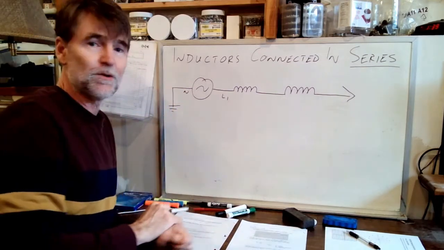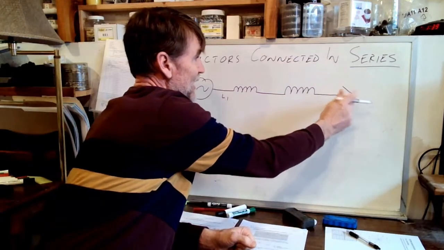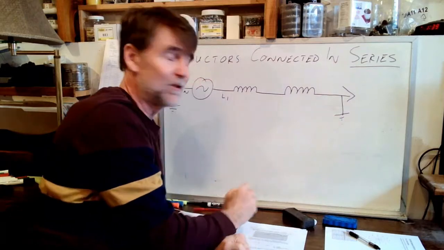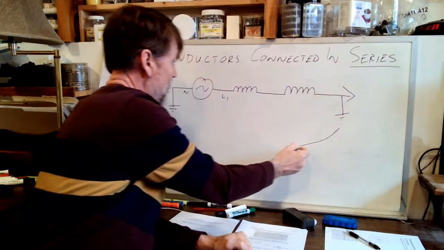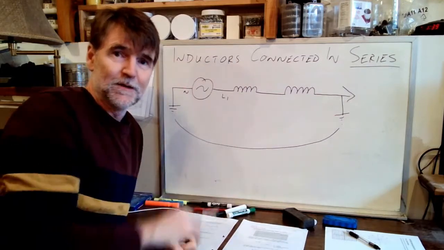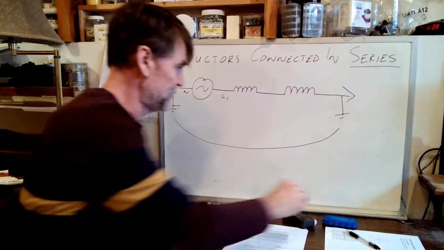One of the features of a neutral is the fact that it's grounded. So if we accept the fact that this arrow means that this end of that circuit is connected to ground, there's the connection that makes that a complete circuit. Okay, so those are the extra details that are not included, they're just understood.